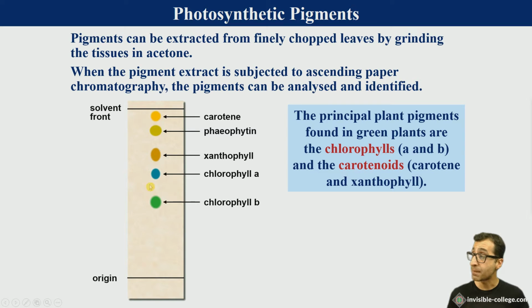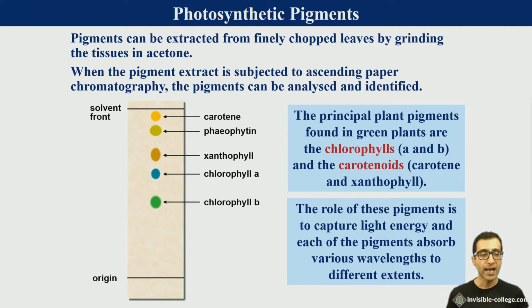The reason that they appear these different colours is because each pigment will reflect particular frequencies which it does not absorb. So we see here that chlorophyll B is reflecting green frequencies, chlorophyll A tends to reflect the kind of blue-green frequencies here, and so on.